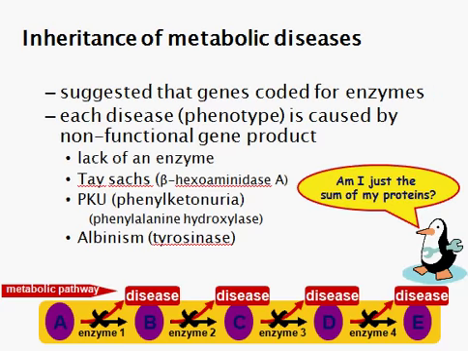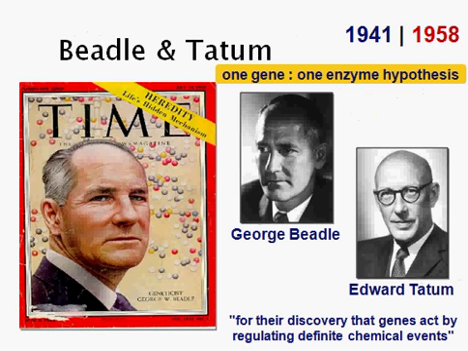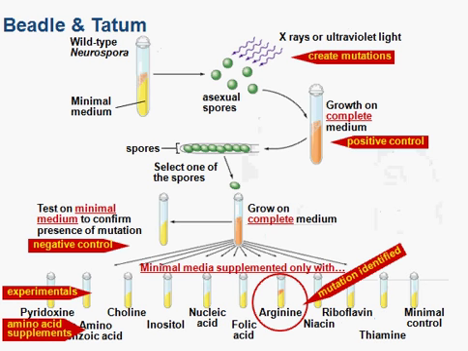So, trying to advance here. Beadle and Tatum are two scientists who are famous for the one gene, one enzyme hypothesis. They came to that hypothesis as a result of a large study.